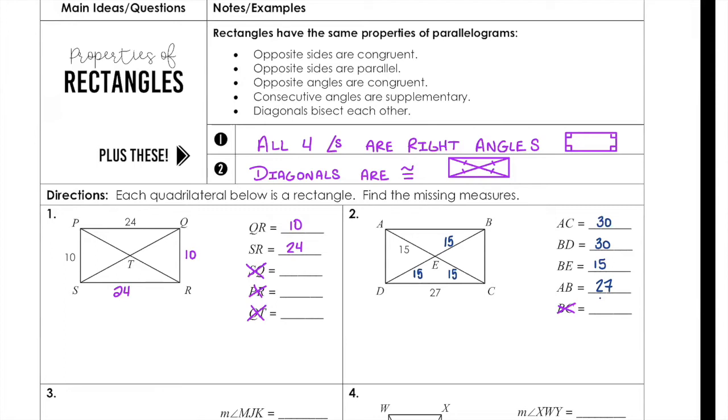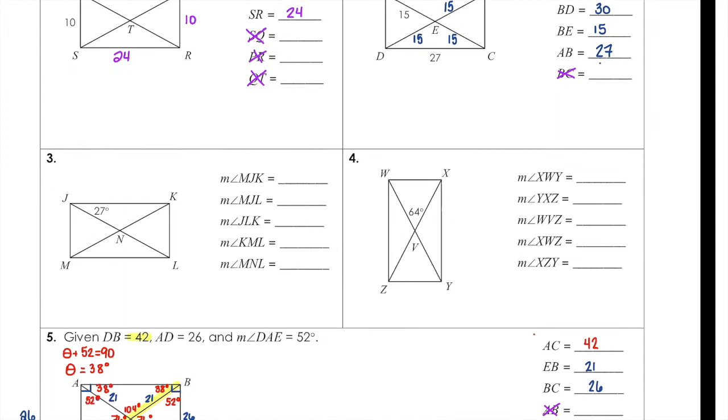The 4 vertices are all 90 degrees. And in a rectangle, the diagonals are congruent, so the full length of the diagonal is congruent. When you put that together with the diagonals bisecting each other, we know that it creates 4 congruent sections.